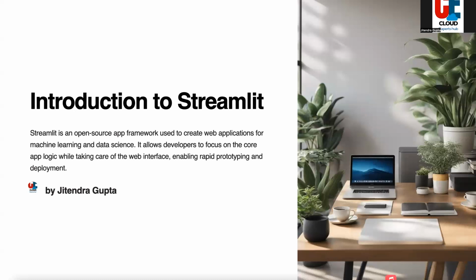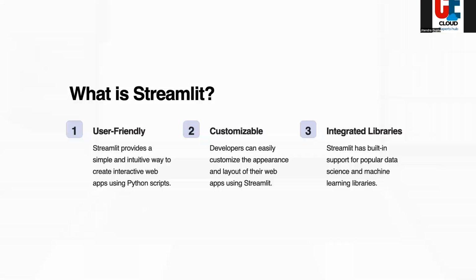Now let's see some more details about Streamlit. So, just a quick introduction here. Streamlit is a user-friendly, open source interface written in Python. Just to keep it very concise.